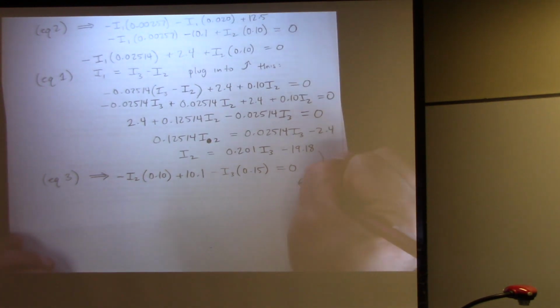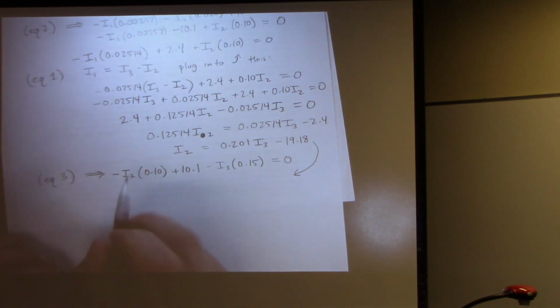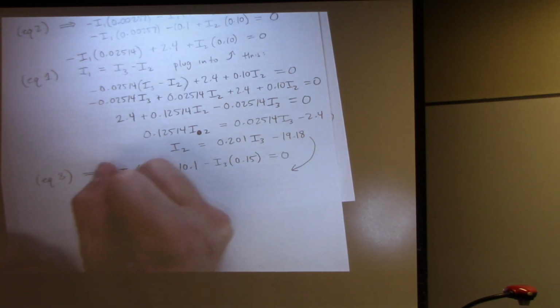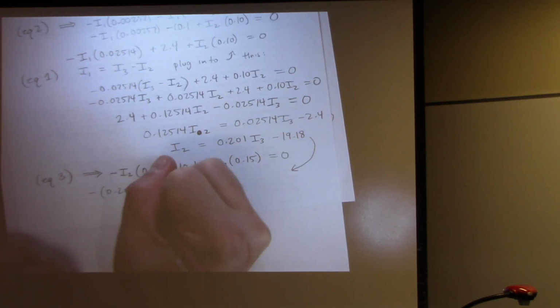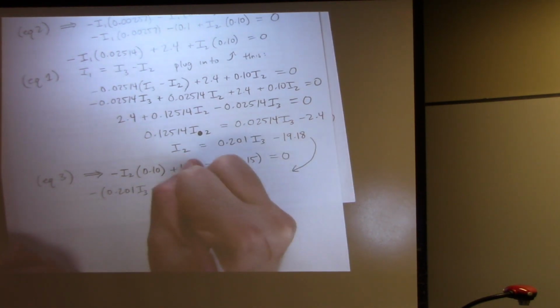But actually, how about we do this? Let's take what we just worked out for I2 and sub that in right here. So I have minus 0.201 I3 minus 19.18.